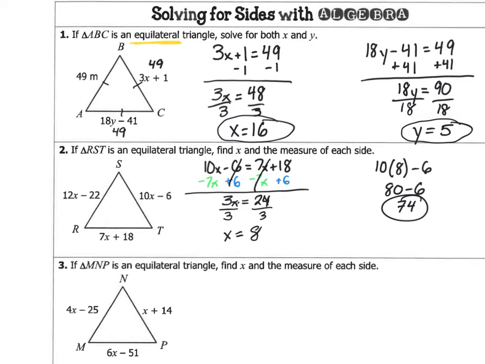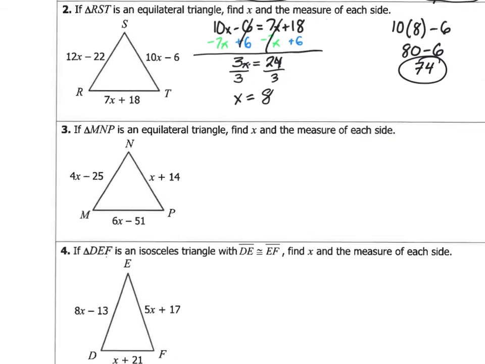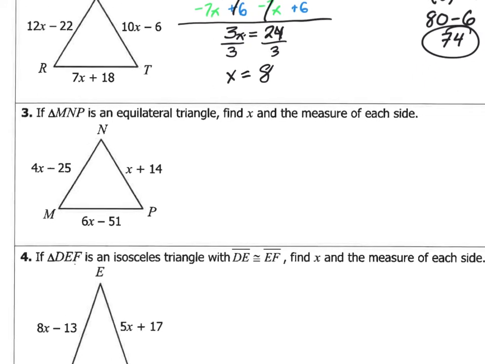Okay. Jump down to 3. Same thing. Equilateral again. So let's figure out what x equals. Once again, we'll move things around to get x by itself. Work from left to right.